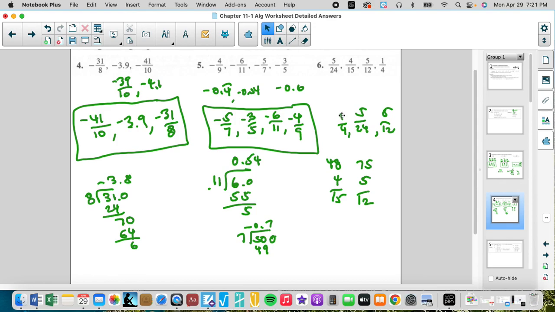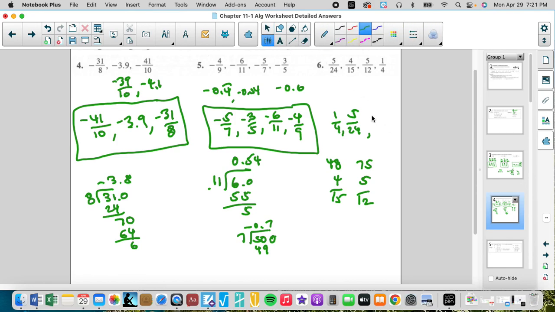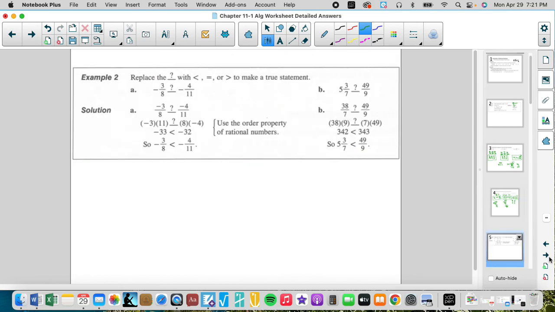Let's see if we can move. Can I move you over? Not so much. So we're going to have 4/15ths and then 5 12ths. Those should be in order from least to greatest. Nice little trick there. Yep.